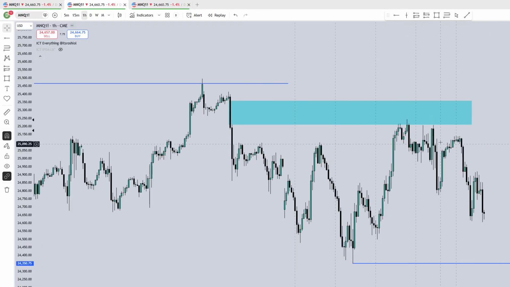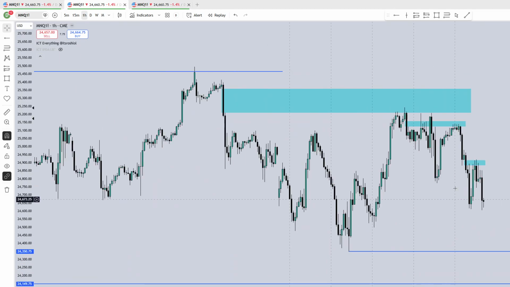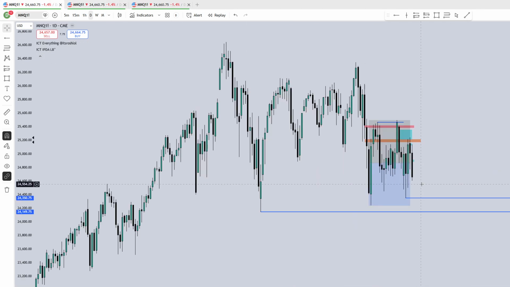And now, bearish institutional order flow. This internal being respected, this internal being respected, and so on and so forth. So just watching shorts into the next week, and we'll see what it has to offer. But these are my levels.